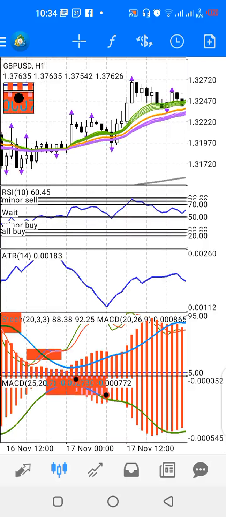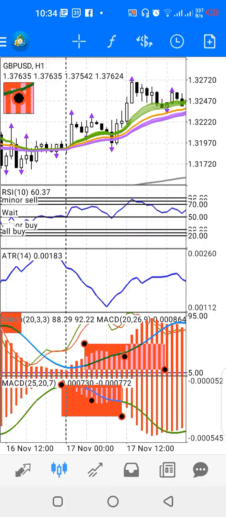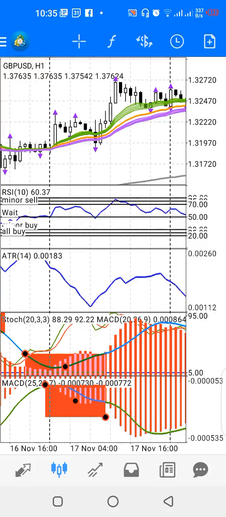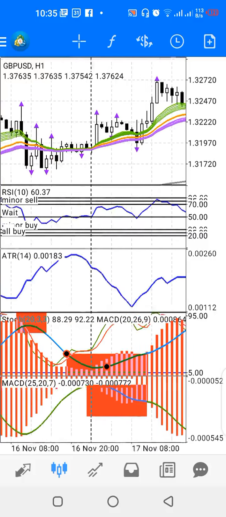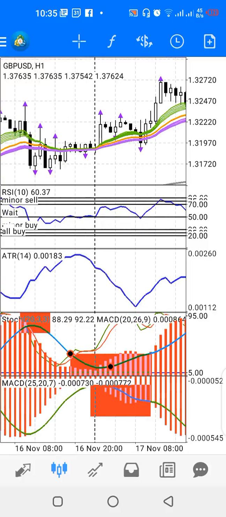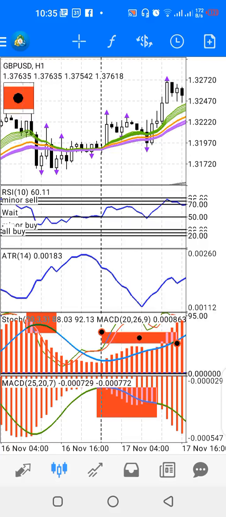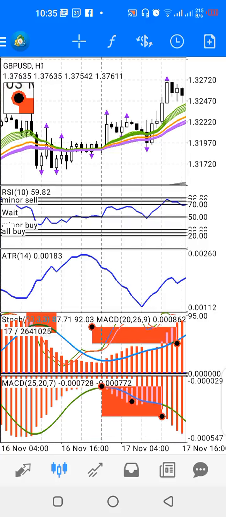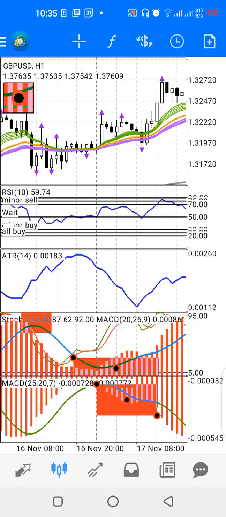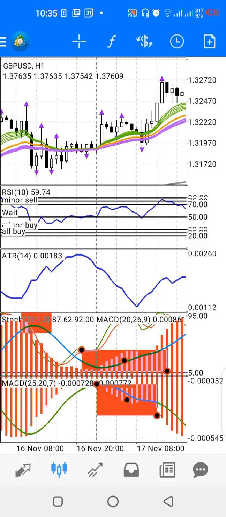If you look at what's happening around here, you see expansion and contraction. So when you have expansion from a very low state, it starts to expand upward. If the two indicator windows expand outward, that means you should go for a buy trade. You should place a buy trade.